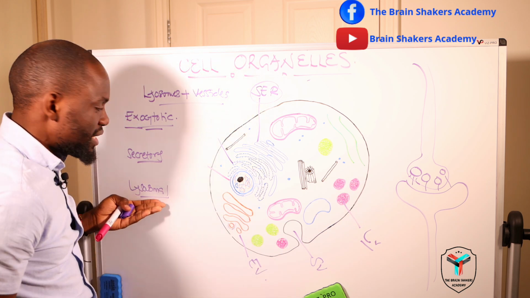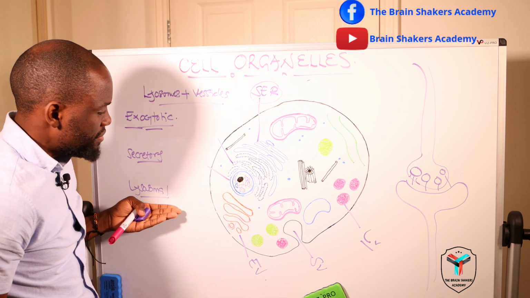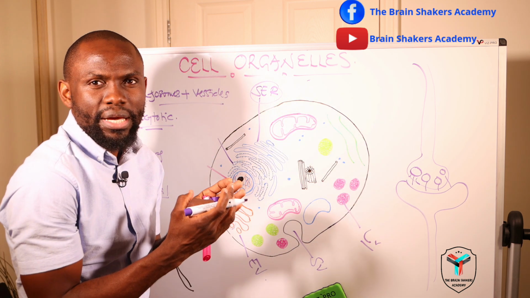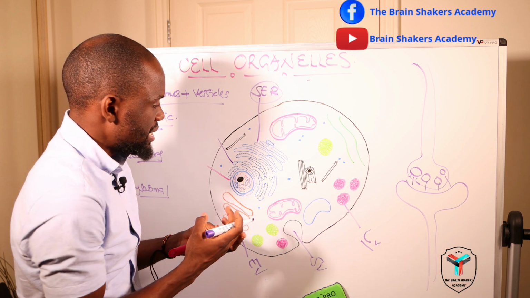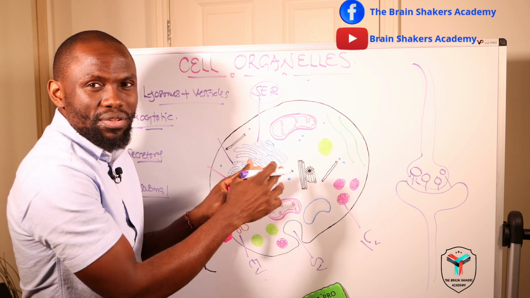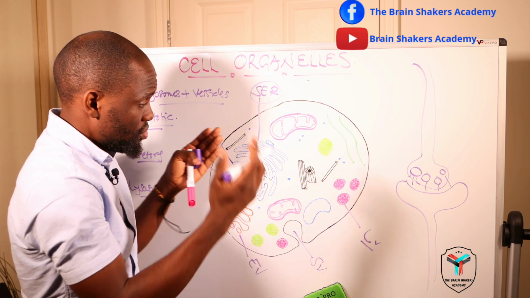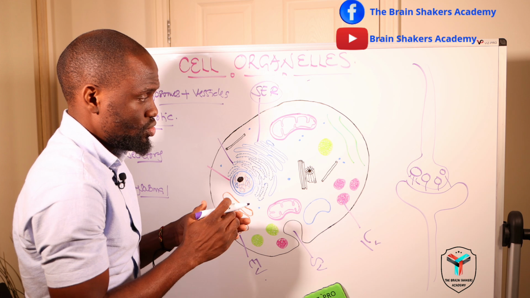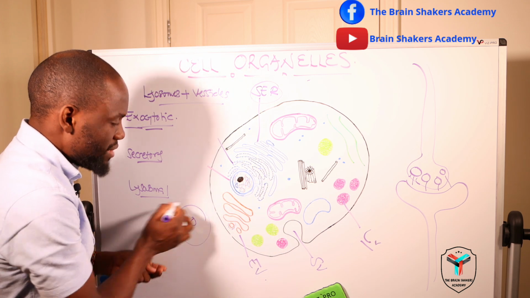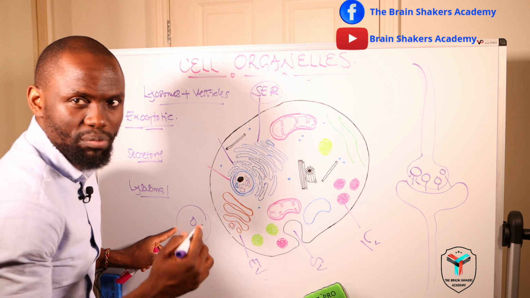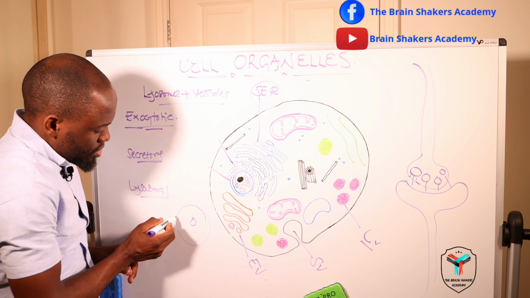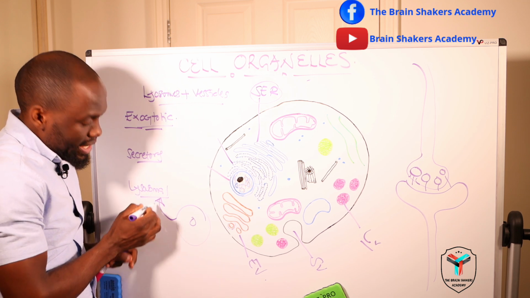Then you have the lysosomal vesicles. What normally happens is if this cell has been invaded by any pathogens, or any organelle has expired or reached its lifespan and has to be gotten rid of, a vesicle will form around that particular organelle, virus, bacteria or fungi, whatever has invaded the cell, and then this vesicle is going to get attached to a lysosome.